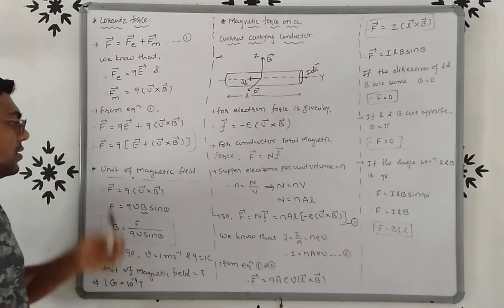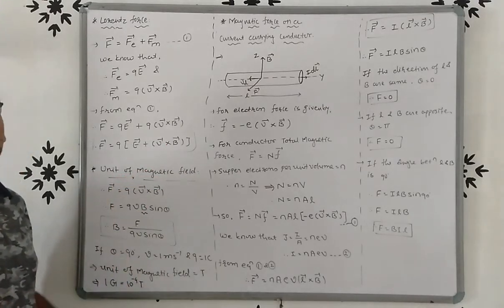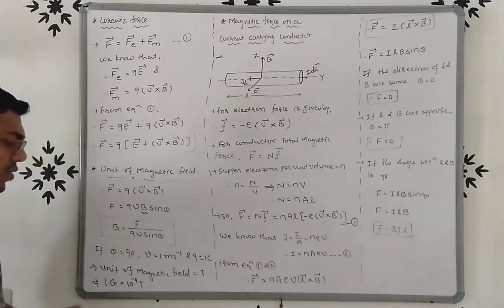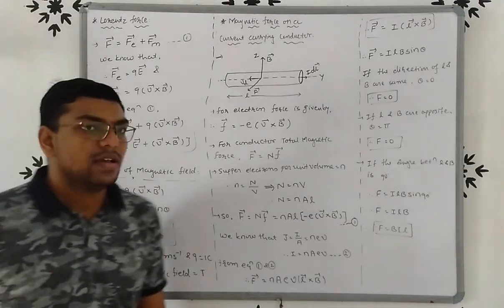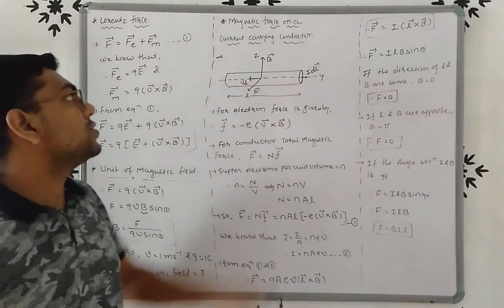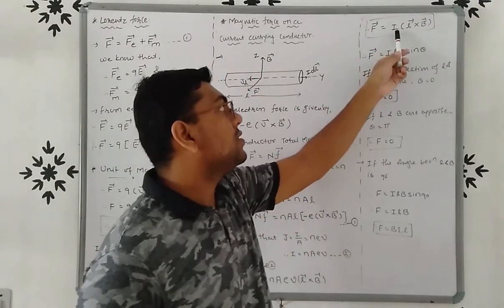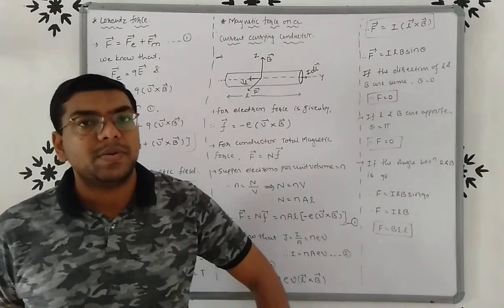Then the unit of magnetic field is Tesla, and another CGS unit of magnetic field is Gauss, right? So you have to remember the relation between Gauss and Tesla. 1 Gauss is equal to 10 raised to minus 4 Tesla. Then magnetic force on a current carrying conductor, vector F is equal to I into vector L cross vector B, right?